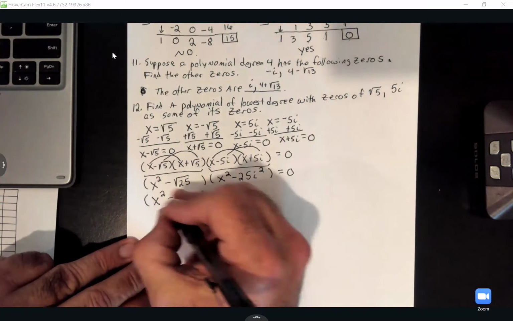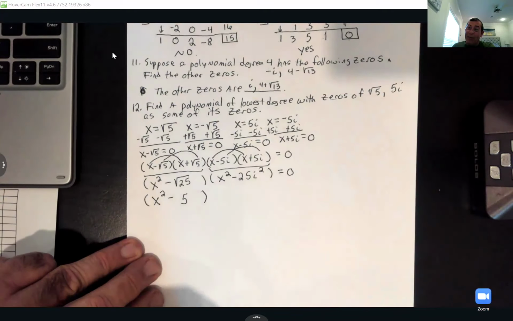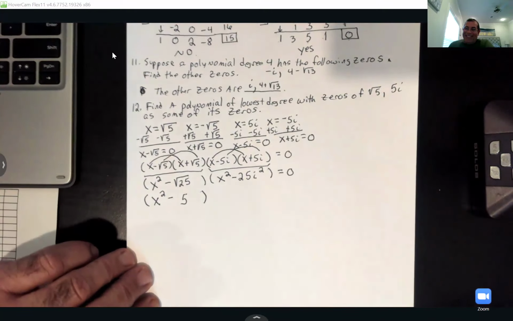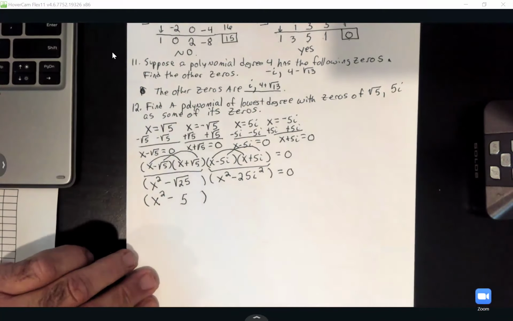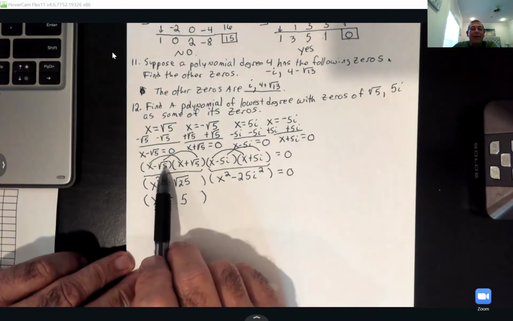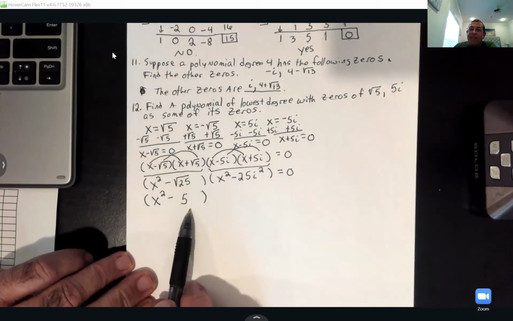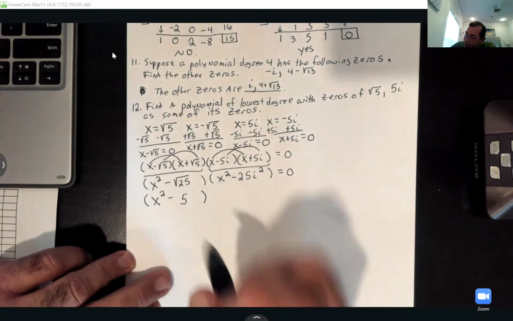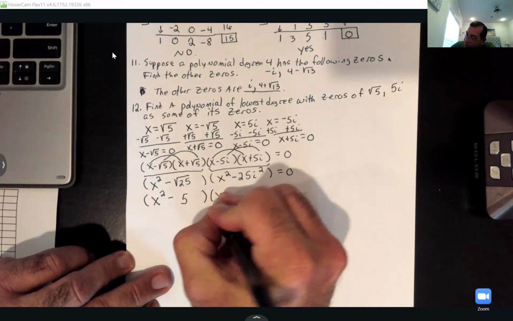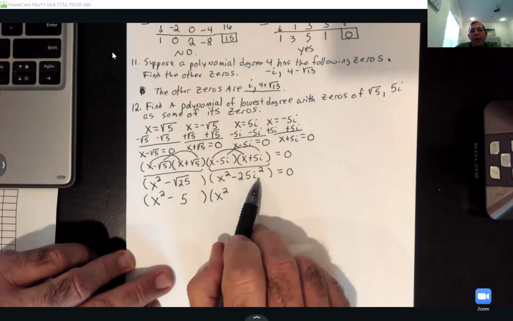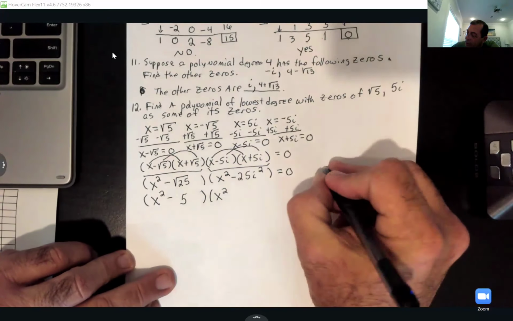Five. Now, here's the thing to remember. In the long run, square root of 5 times square root of 5 gave me a 5, okay? Now, on this one, I'm going to bring down the x squared. Who remembers what i squared equals?